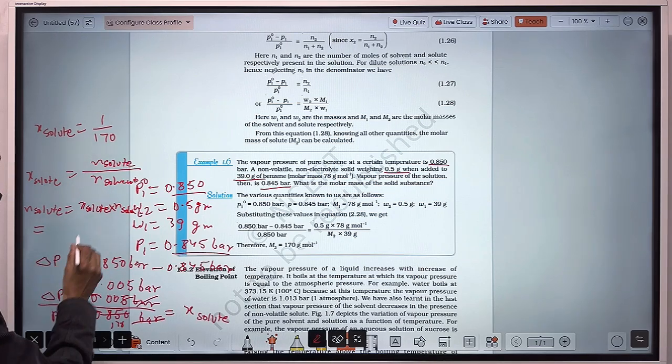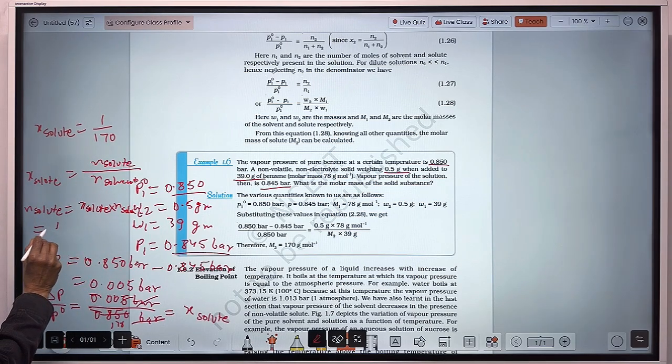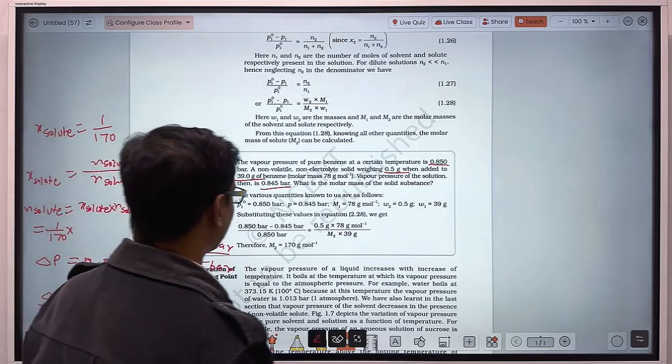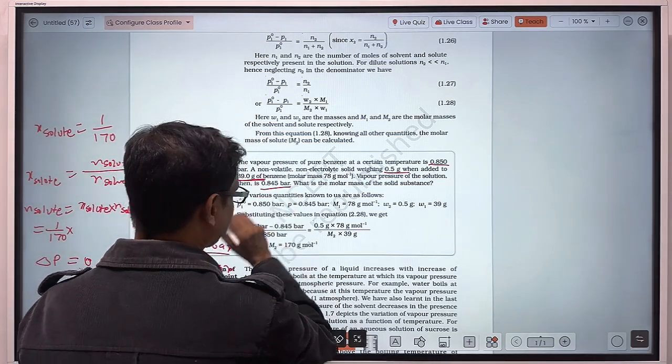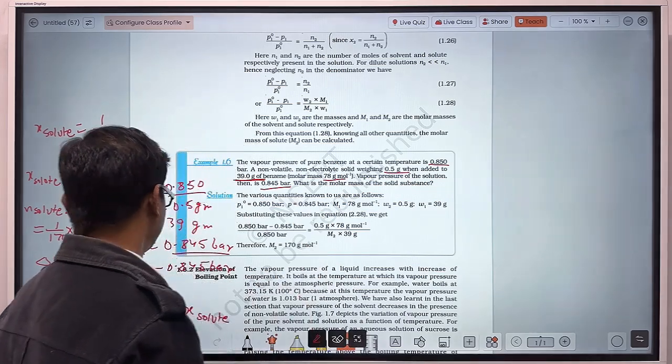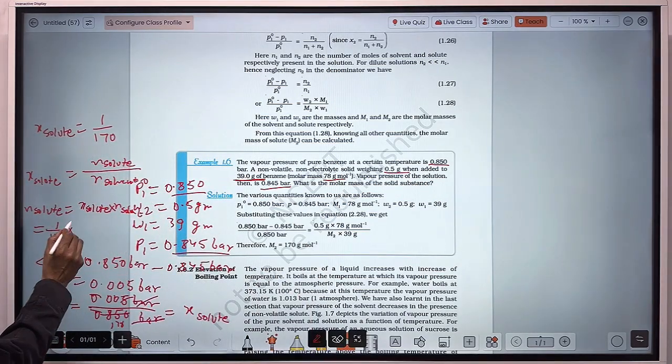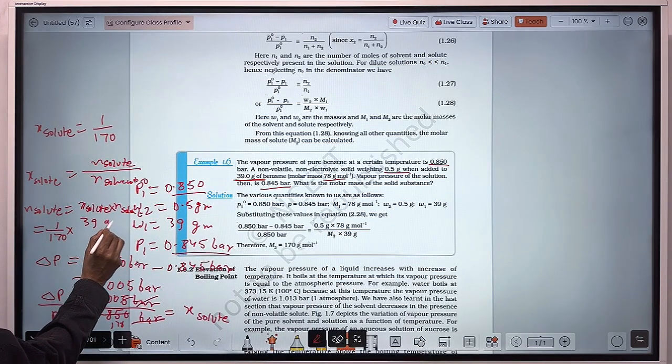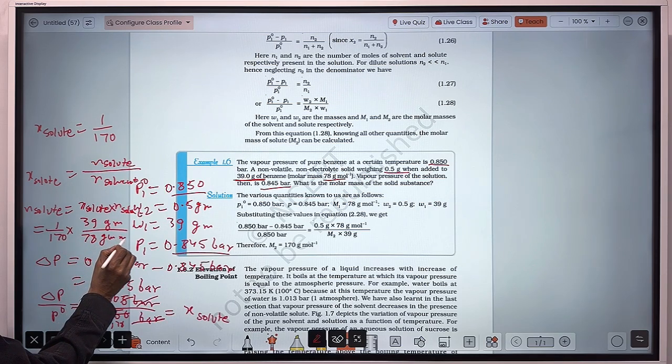The mole fraction of solute you have calculated is 1 upon 170, and now the number of moles of solvent, how to find out? 39 gram of benzene has been dissolved and the molecular weight of benzene is 78. So that will be 39 gram upon 78 gram per mole.